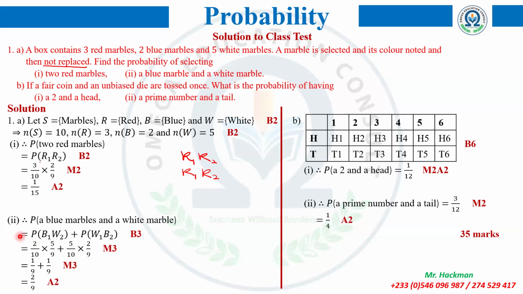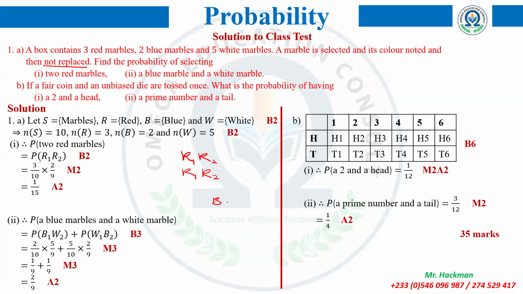So this will be equal to, because this time the colors you are selecting are different, distinct colors, you are not going to get only one possibility. You are looking at a blue marble and a white marble.